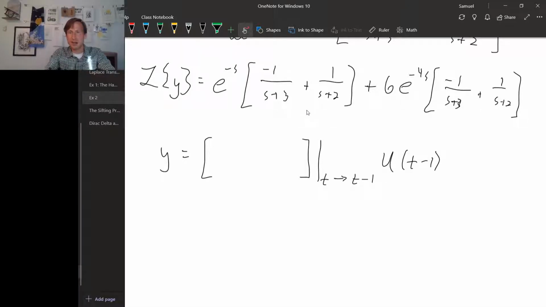And then the inverse transform of the stuff in brackets is minus e to the minus 3t plus e to the minus 2t. So that's just this first term.